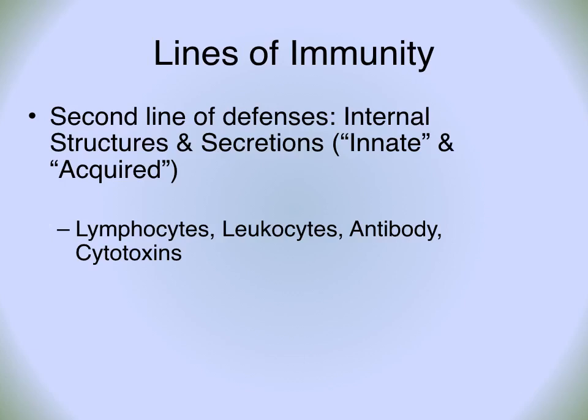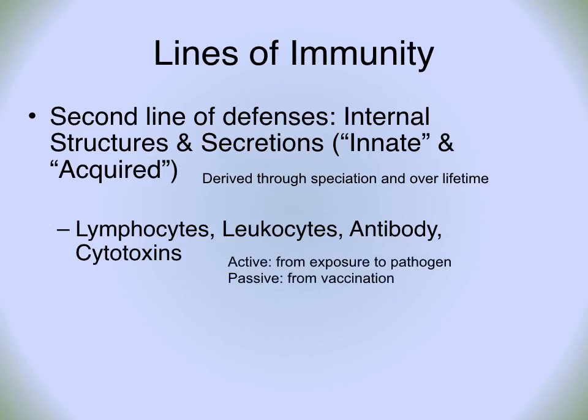The second line of defense is looking at what things have we acquired either through evolution or what things have we acquired over our lifespan. In this, we start having distinctions between what we refer to as active acquired versus innate acquired immunity.